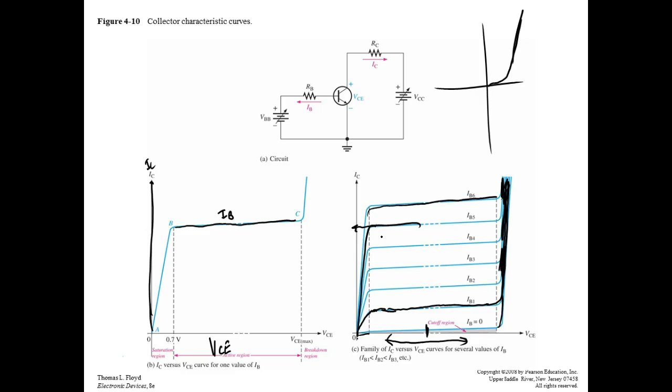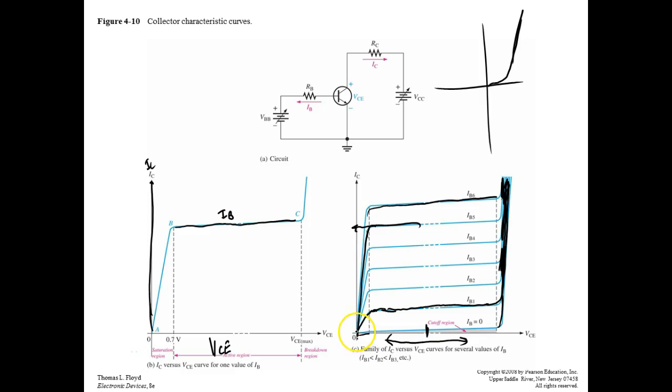What sets the collector current? What current sets the collector current? The base current. The base current sets it, right? And then once we get that, we can figure out where we want to operate our voltage.